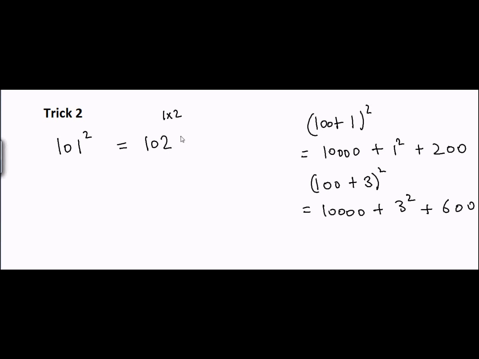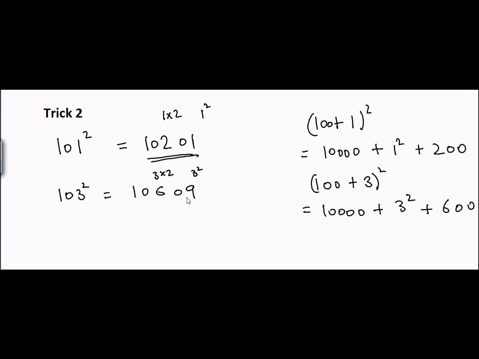So the answer is 10201. Again, if I have to take 103 square, we say 3 into 2 is 6, and 3 square is 9, so 10609.